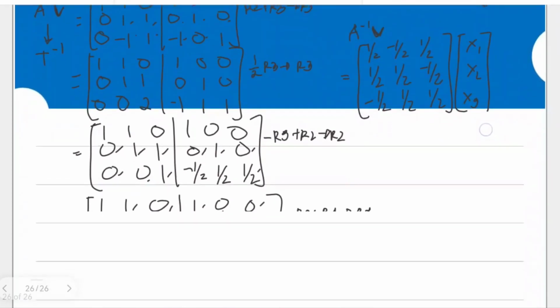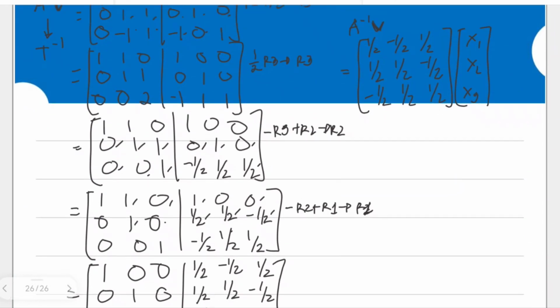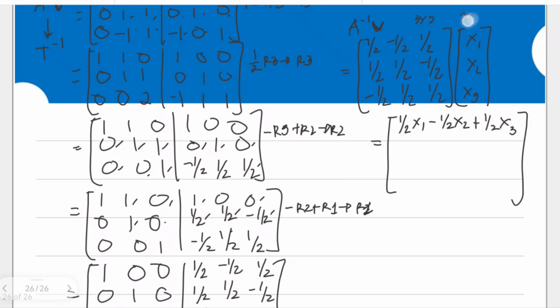Okay? So the result will be here. You will have 1 half of x sub 1 minus 1 half of x sub 2 plus 1 half of x sub 3. It's just one entry, okay? Because this is a 3 by 3 matrix to be multiplied by 3 by 1. Our result is also 3 by 1. So this is just one entry.